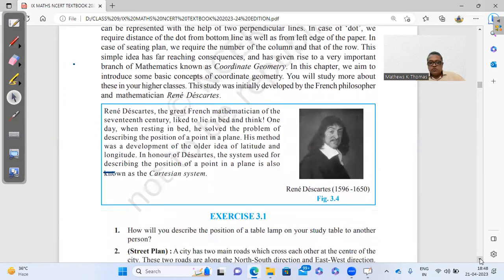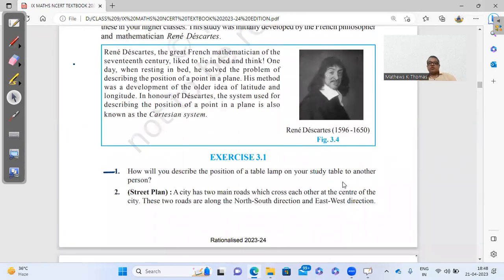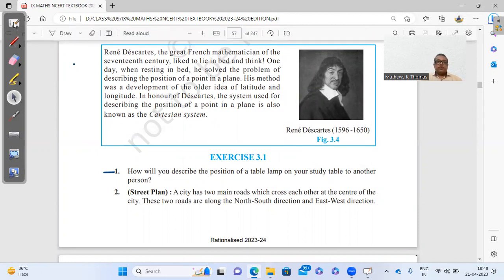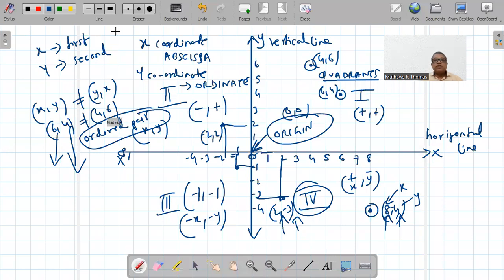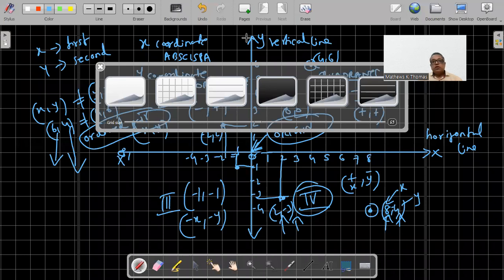So here the question says, how will you describe the position of a table lamp on your study table to another person? So what we are going to do is we are going to make a table lamp.